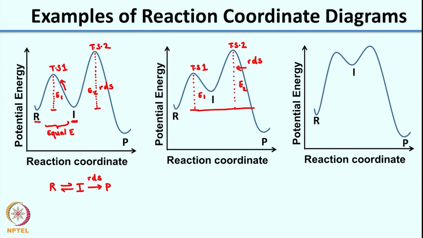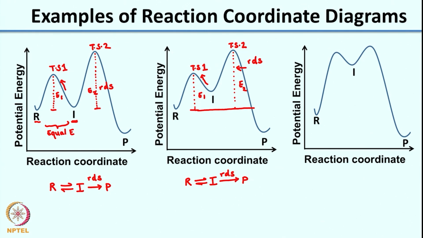So, the barrier to go from the intermediate to transition state 1 is less than the barrier to go from reactant to transition state 1, and again this barrier is smaller than the barrier to go from intermediate to transition state 2. So, in this case also you have the chance of an equilibrium, and again the rate determining step would be the second one.